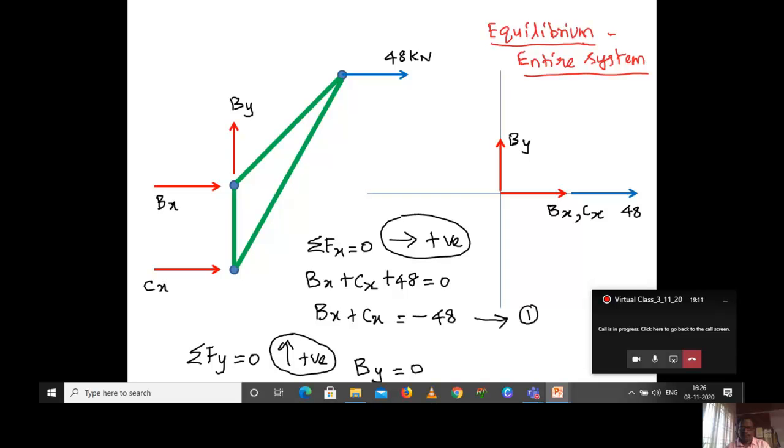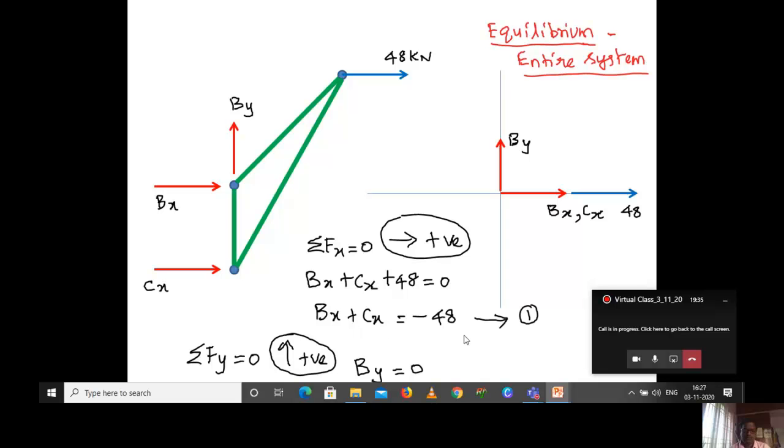Then obviously the equation will be Bx plus Cx plus 48 is equal to 0, because the two reactions we assumed are in the same direction as the 48 kilonewton. So all the forces are in the same direction, and I am adding all the forces, which equals 0. Once you equate like that, we have an equation: Bx plus Cx is equal to minus 48.